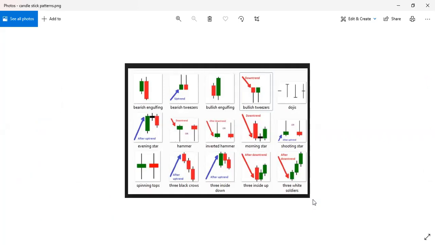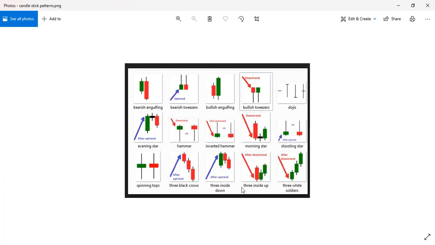So we are in dual candlestick now, and we'll be talking about the hanging man. We have spinning tops, evening star, shooting star, inverted hammer. We don't have hanging man here.